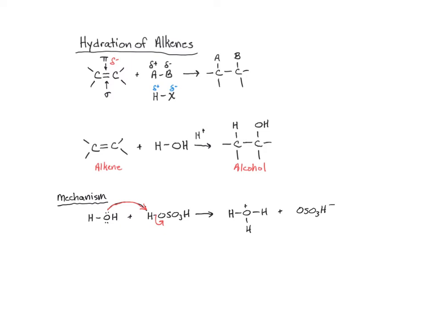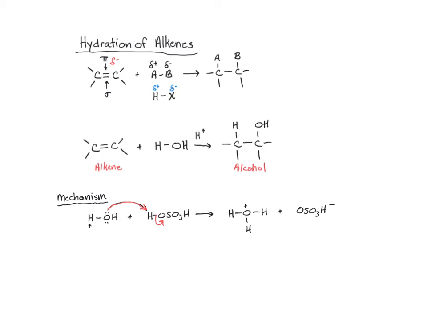Okay, and then once we have that, now that is something that the alkene will be willing to attack. Okay, the alkene is not going to go through the trouble of breaking its pi bond just to try to attack this H that has very little positive charge on it from water.